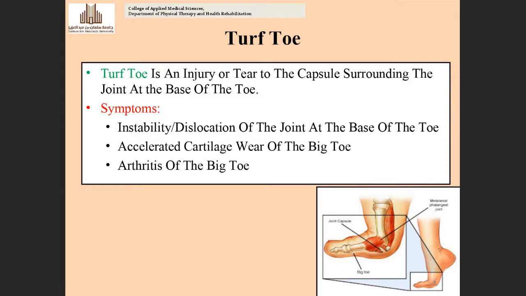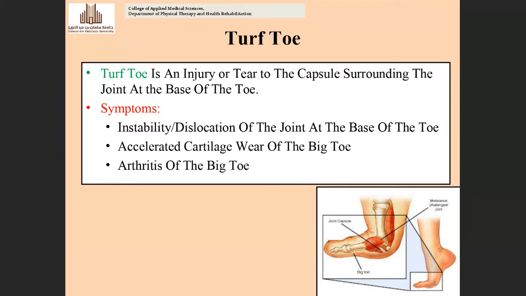What are the symptoms the player shows? He shows instability or dislocation of the joint at the base of the toe. If you make some movements, you can find instability, or a forward or backward dislocation of the first metatarsophalangeal joint.